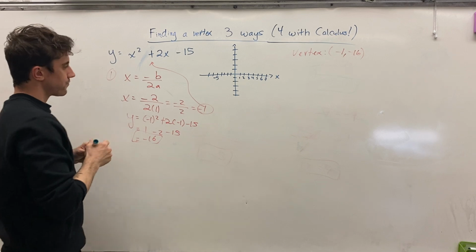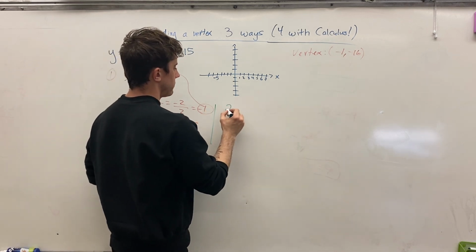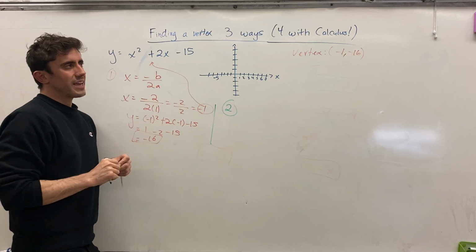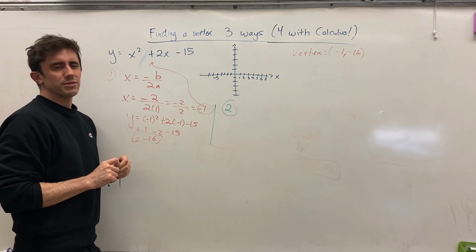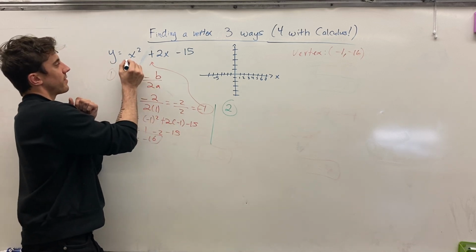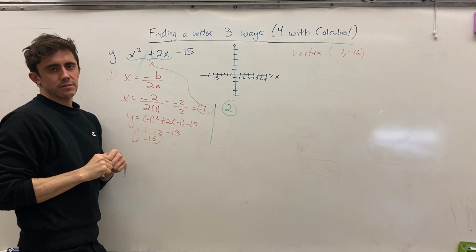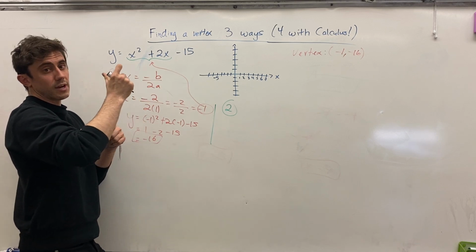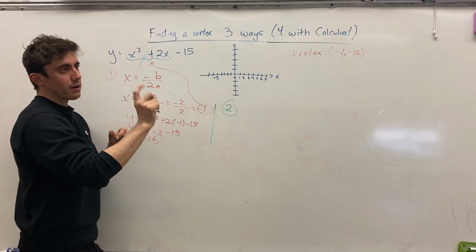Our second way would be to complete the square. Completing the square is something that can be a little confusing at the start, but once you get the hang of it, it's not too terrible. If we want to complete the square, we're going to start by factoring just the first 2 numbers, and then we're going to turn it into a full square of a binomial.